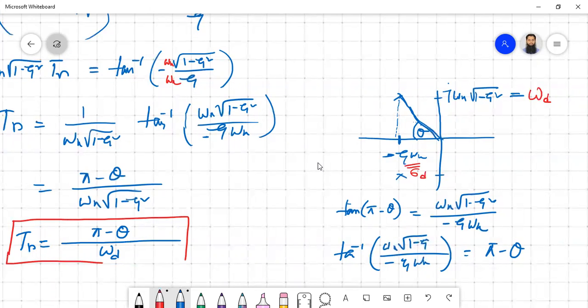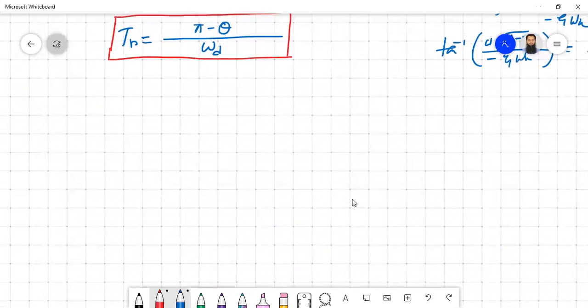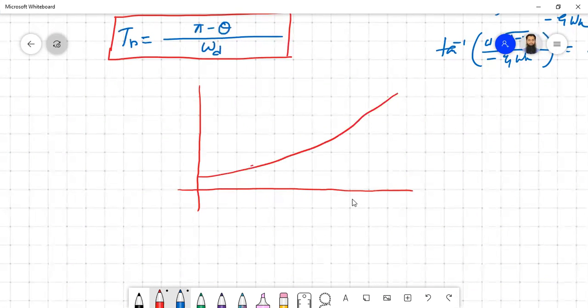But in Nise's book, they haven't derived the formula. Rather, they use one figure, a normalized rise time curve. In this axis we have TR times omega n, the normalized rise time, and in this axis you have zeta values.